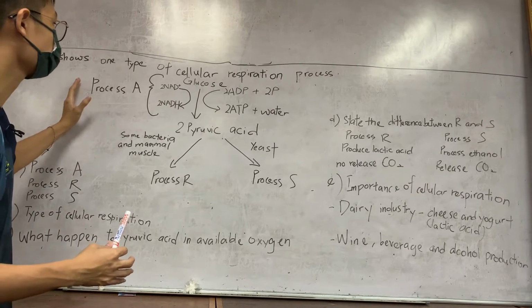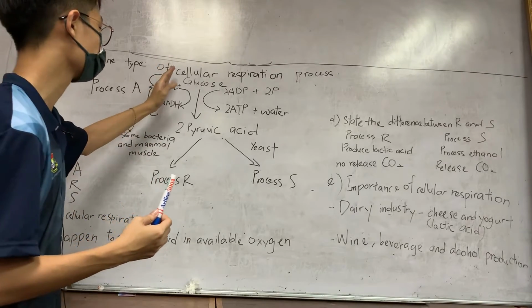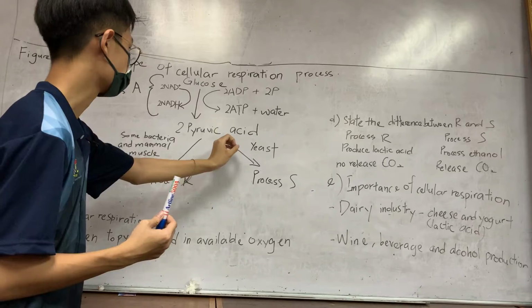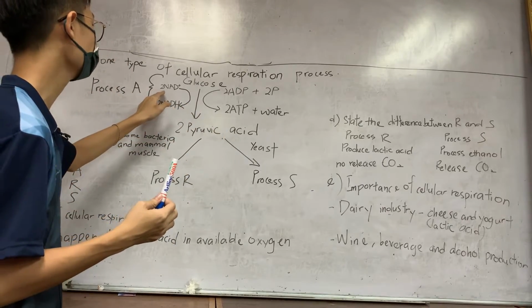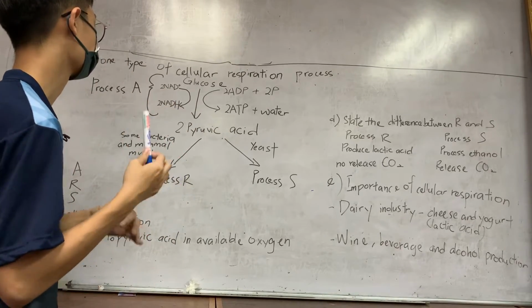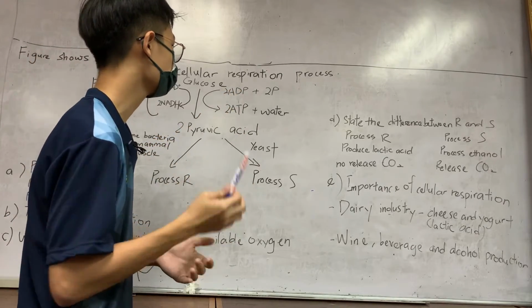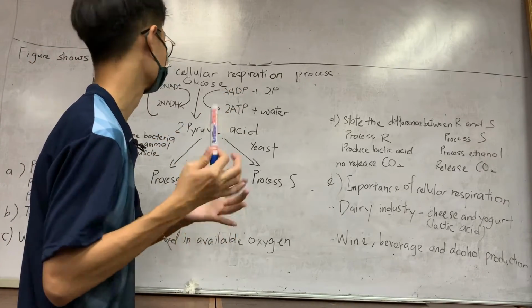First, process Q is the process where glucose is converted to 2 pyruvic acid. They produce 2 NAD plus converted to 2 NADH, and 2 ADP plus 2 P converted to 2 ATP plus water.